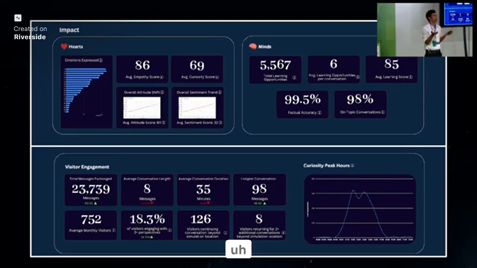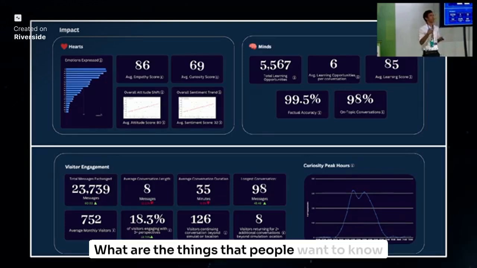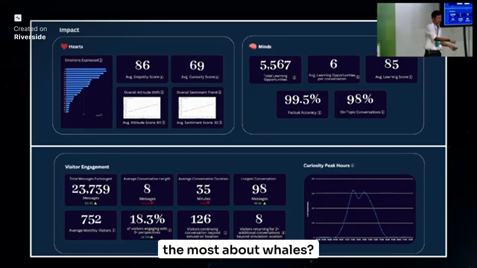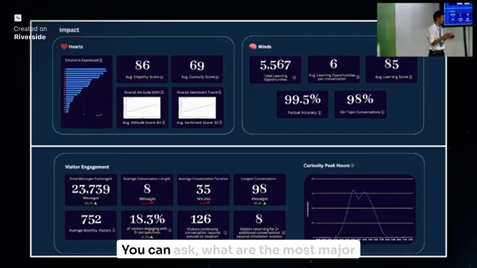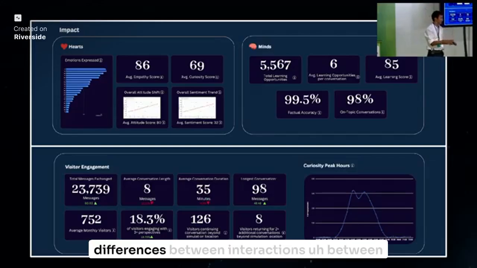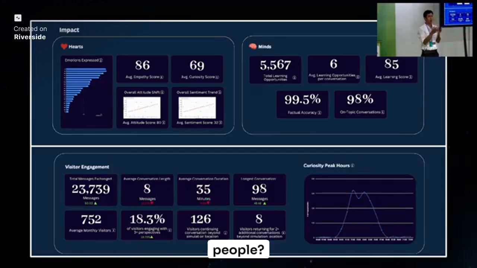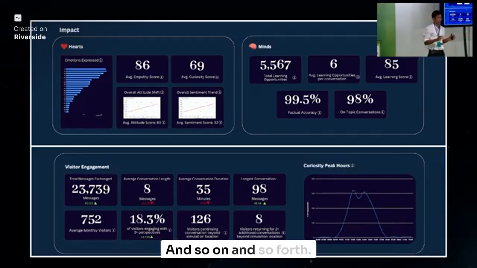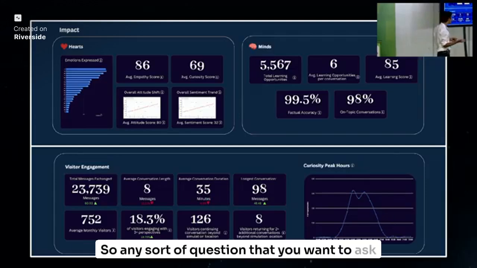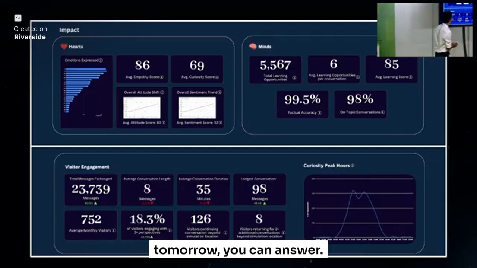Okay, and you can ask, what are the things that people want to know the most about whales? And it'll look at all of your data and answer that question for you. You can ask, what are the most major differences between interactions between the perspectives and old people and younger people, or differences between gender when it comes to a particular specimen, and so on and so forth. So any sort of question that you want to ask tomorrow, you can answer.